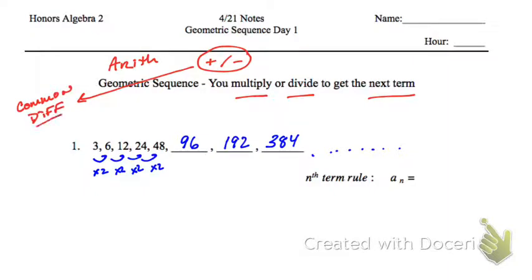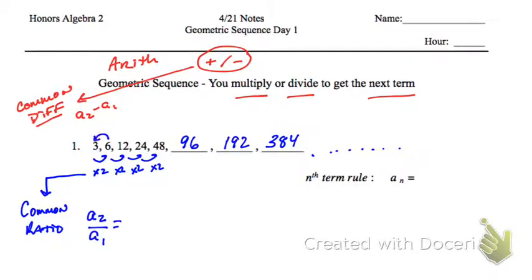It was called a difference because if you take any number in line and subtract the number in front, you get that D value. Now with a geometric sequence, this number we are multiplying or dividing by is called the common ratio. The foolproof way to get it is to take any number in line and divide it by the number in front of it. In our case, we could take 6 divided by 3, or 12 divided by 6, or 24 divided by 12.